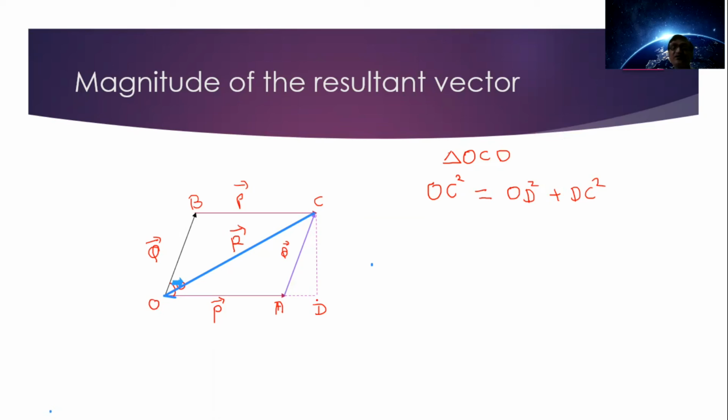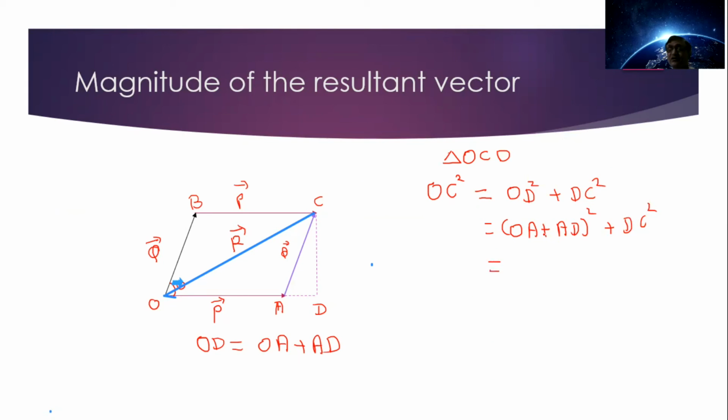But OD is equal to what? We can see OD is equal to OA plus AD. We can put this here, that is, OC square is equal to (OA plus AD) square plus DC square.